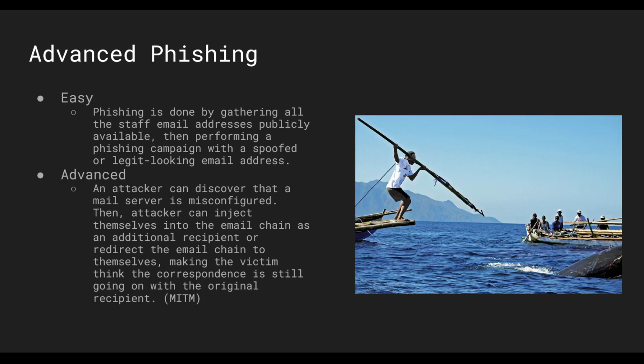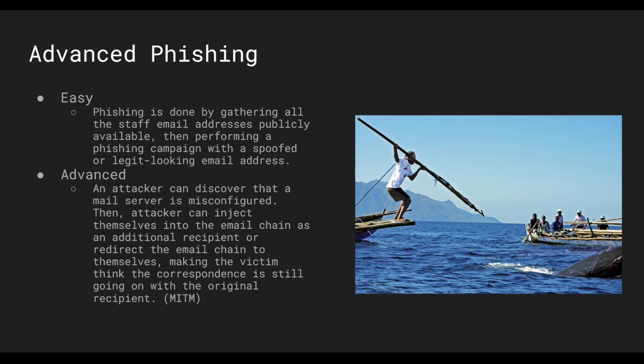I called this advanced phishing because I would say the easy phishing is where you get a list of targets. Calling phishing easy is kind of silly, because it's conceptually easy, just sending emails, but doing it the right way can be kind of hard. You pull together a whole bunch of email addresses from the target organization or the individual, and then you do a mass phishing campaign coming from a legit looking email address or a spoofed email address to make it look like it's coming from internally.